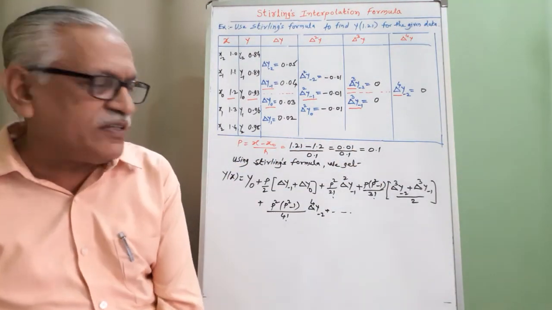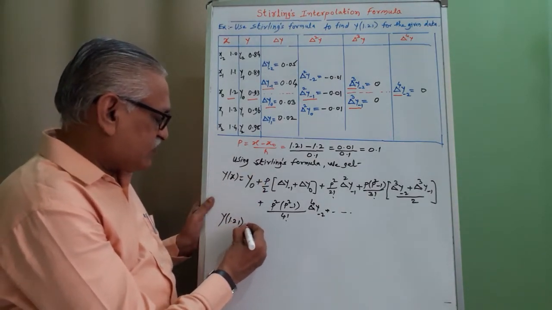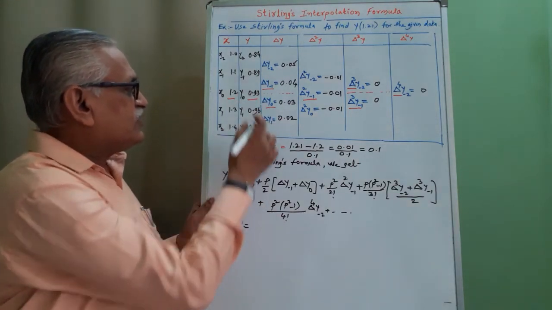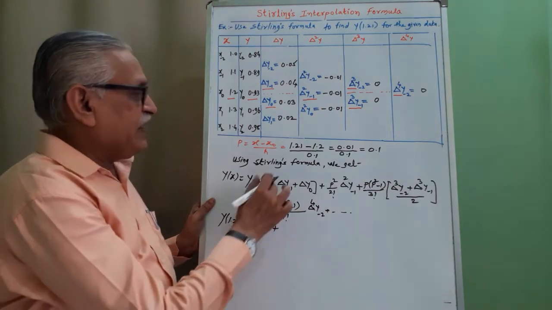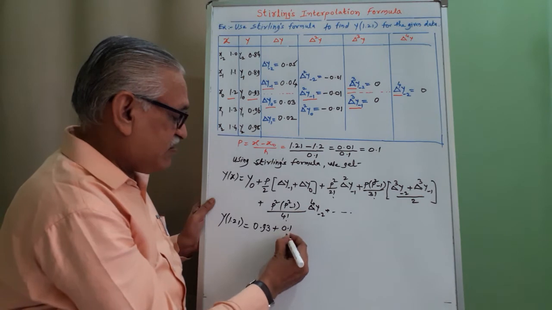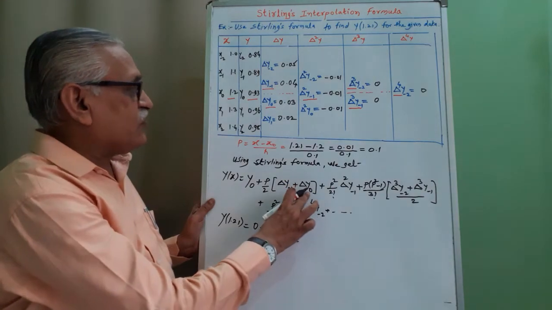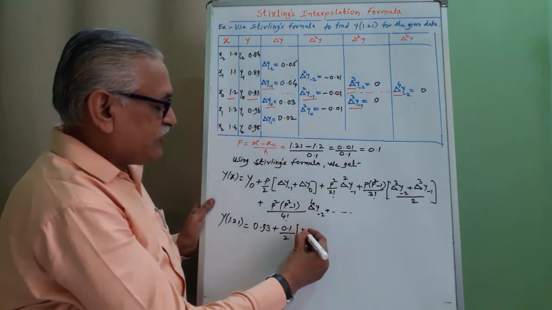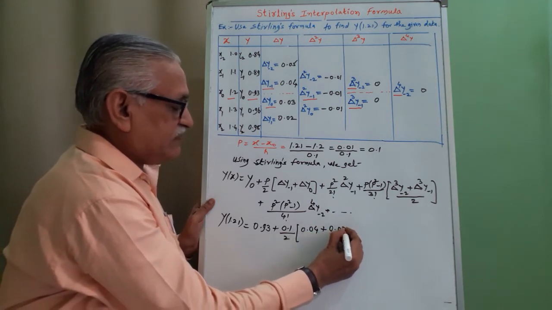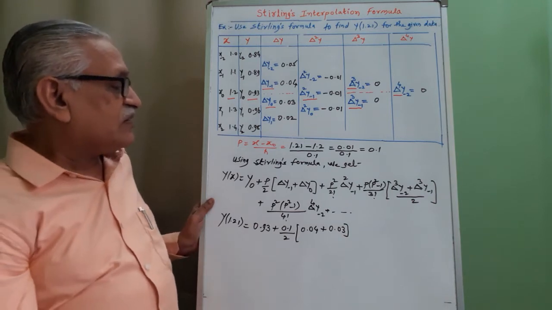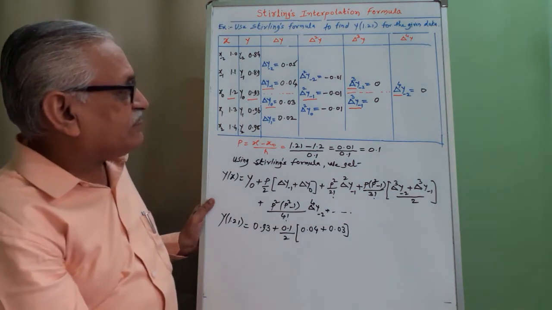And then substituting values from the table, y at 1.21 is equal to, we have the value of y0 as 0.93, value of p is 0.1 by 2, sum of these two values, therefore those values are 0.04 plus 0.03, next is del square y minus 1.